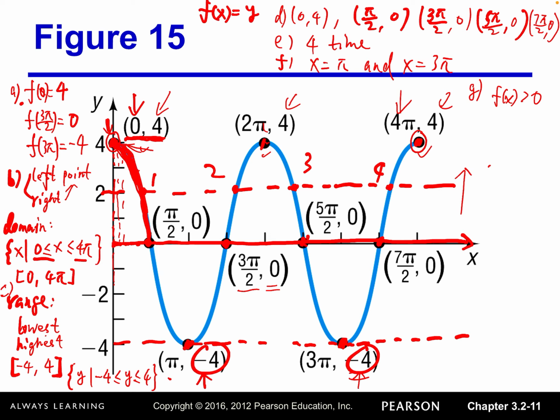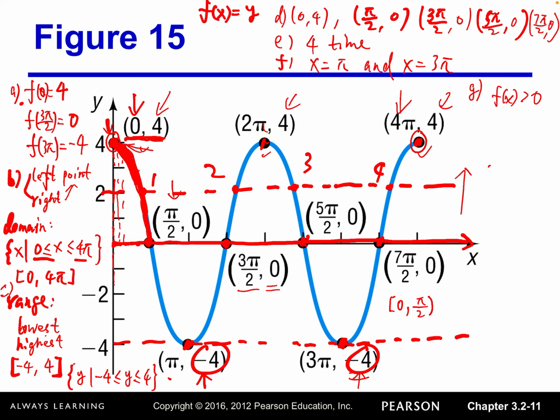That's from 0, which is a solid point, to pi over 2. We're looking for the x coordinates of those points, so from 0 to pi over 2. Because we want greater than 0, and pi over 2 is the point equal to 0, pi over 2 is not included in the answer.